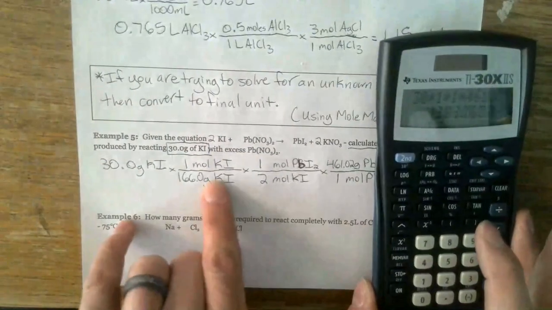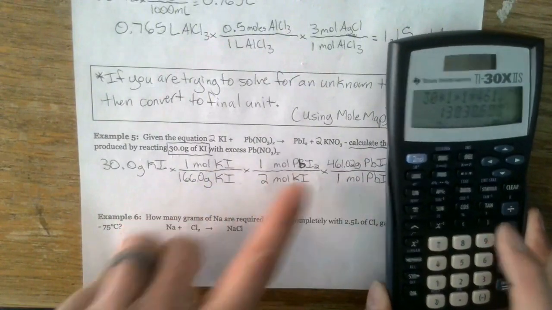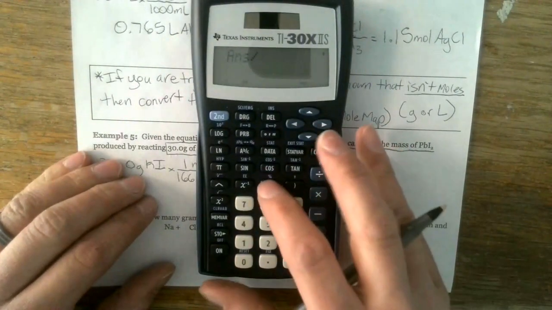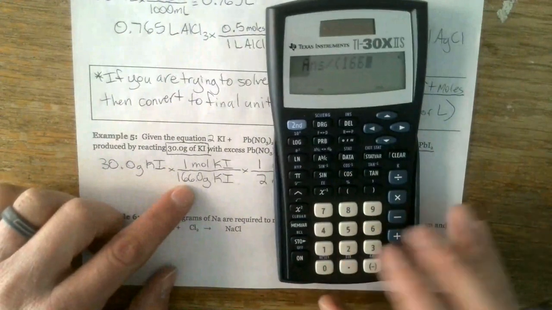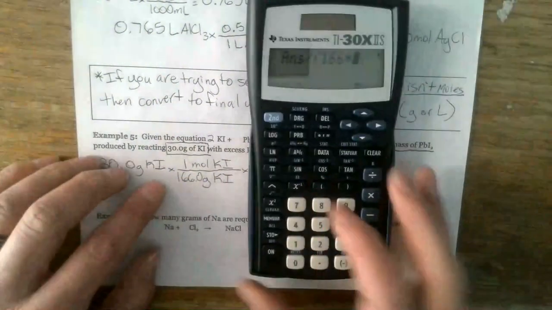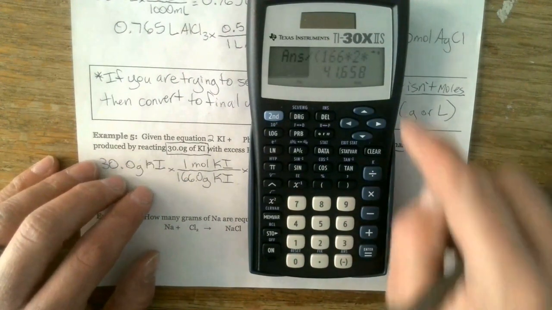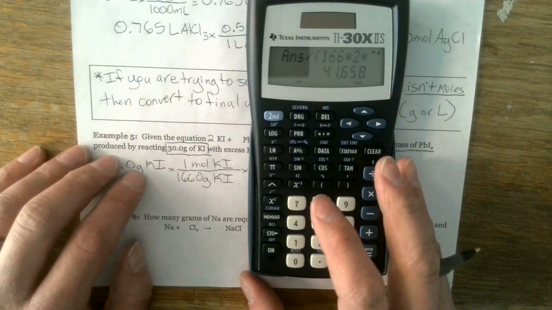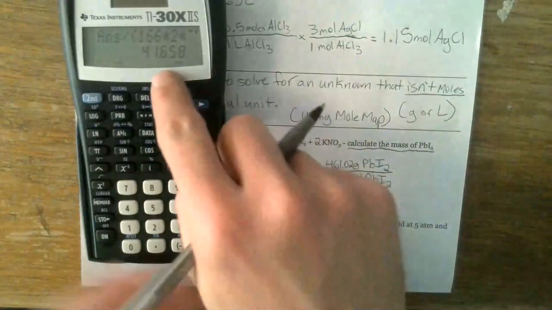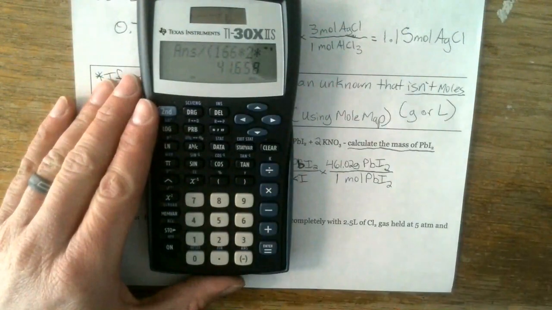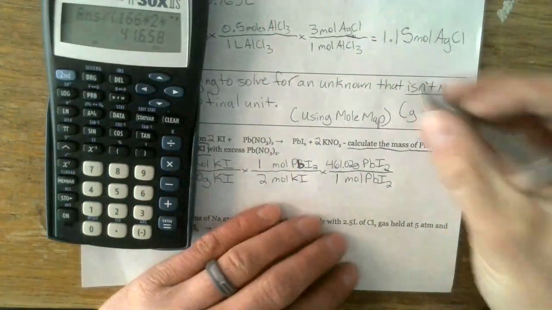Okay, and now we're going to divide by everything that's on the bottom in parentheses. So 166 times 2 times 1, close the parenthesis, and that gives us 41.65. Actually, sorry, it says 41.658, so we'd round that to 41.66.